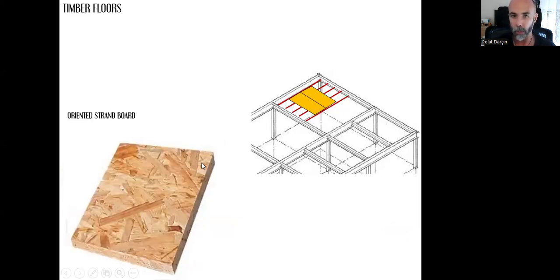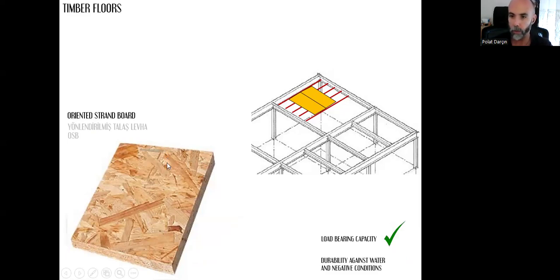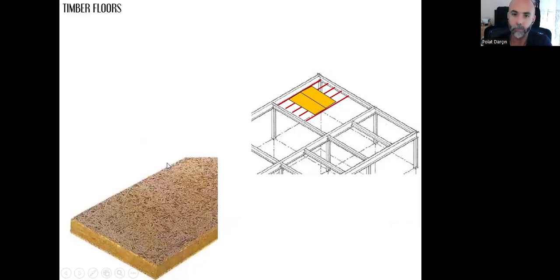And the other option is oriented strand board, yönlendirilmiş talaş levha, or OSB. We say OSB in Turkish as well. Its load bearing capacity is good. Its durability against water is better than chipboard, but not as strong as plywood. It's something in between.